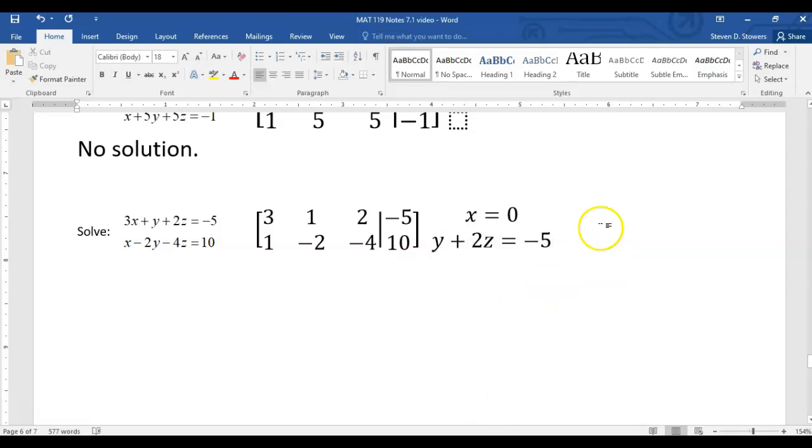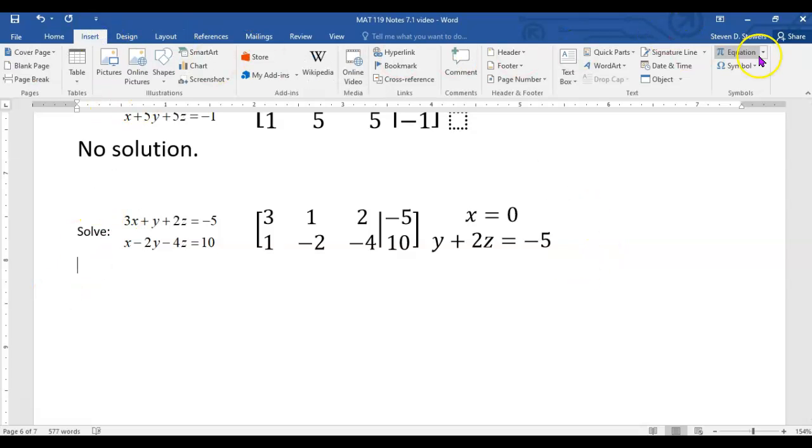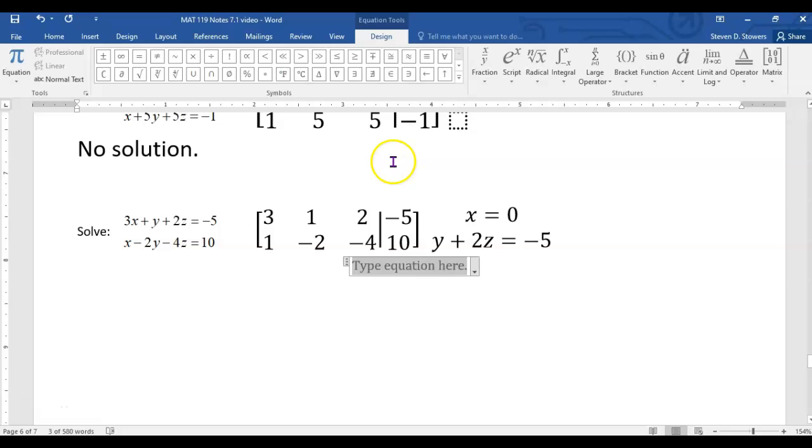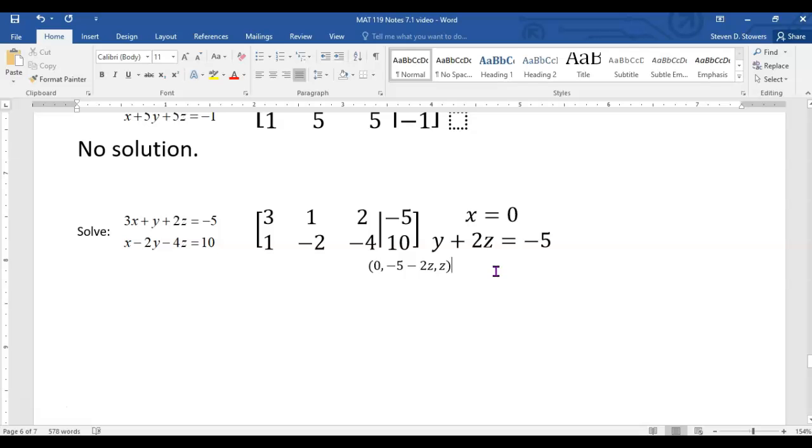So this is a dependent system. x has to be 0, and then y has to equal -5 minus 2z. So the solution set is 0 for x, -5 minus 2z for y, and then z itself can be anything. So 0, -5 minus 2z, z, where z is any real number.